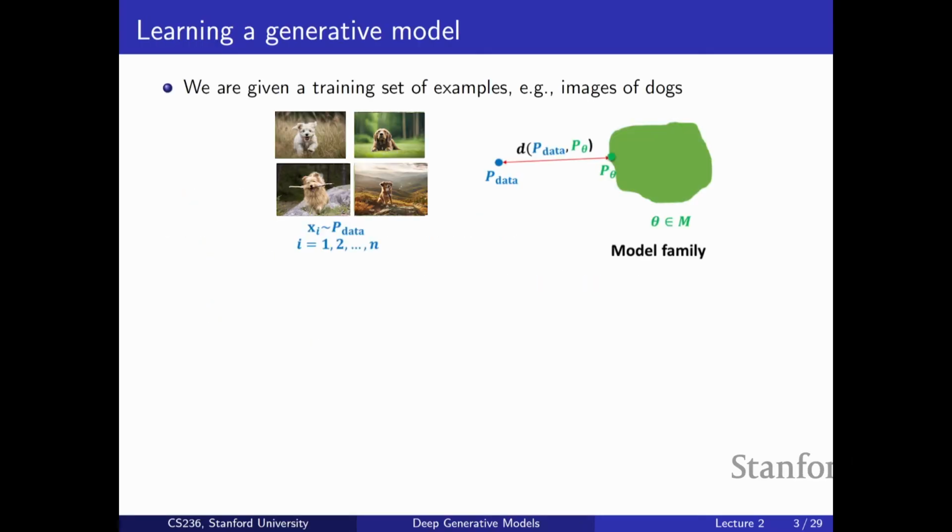So this is going to be a high-level overview that roughly corresponds to a lot of the ideas that we're going to talk about in this course. It deals with the problem of learning a generative model, the kind of challenges that you encounter, and the different ways you can address them.